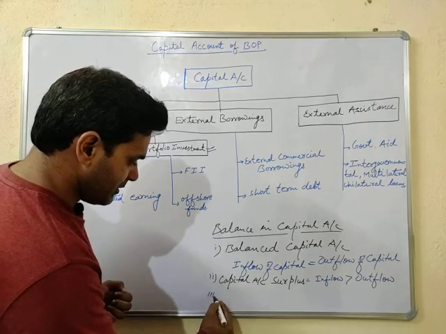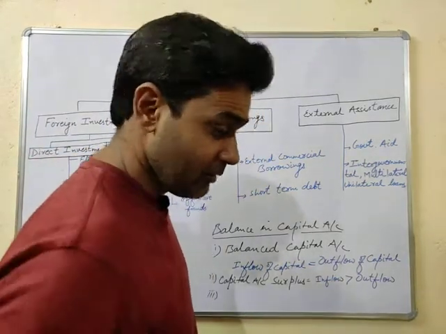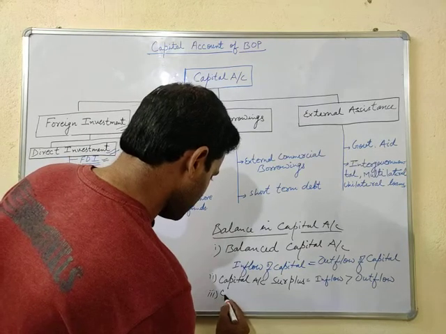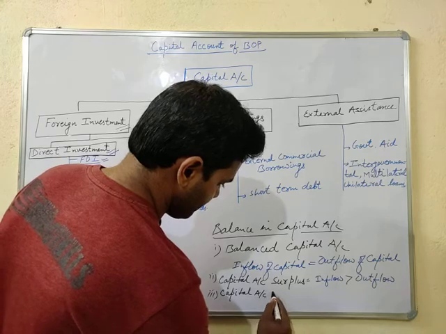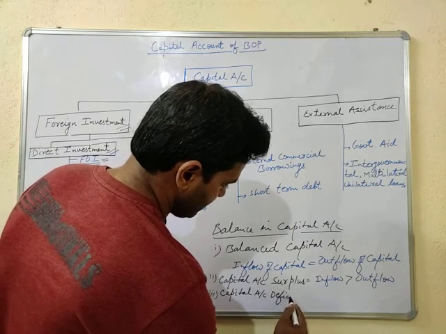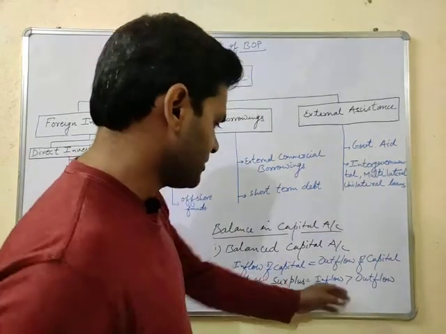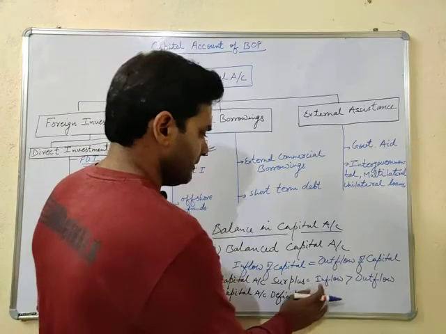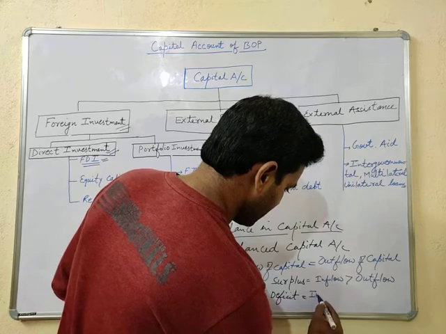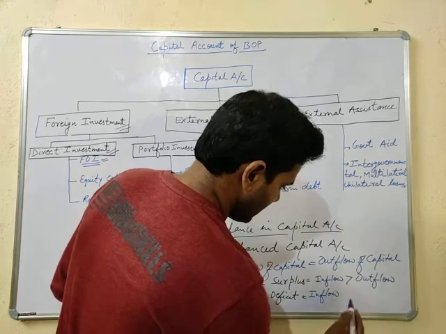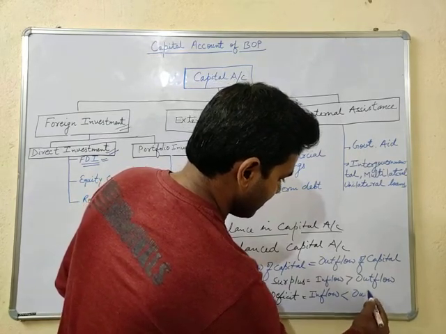Now, what will be the third condition of the capital account? It will be the deficit of the capital account. When will there be a deficit? Just the opposite of the situation of surplus, meaning the inflow of capital is less than the outflow of capital.